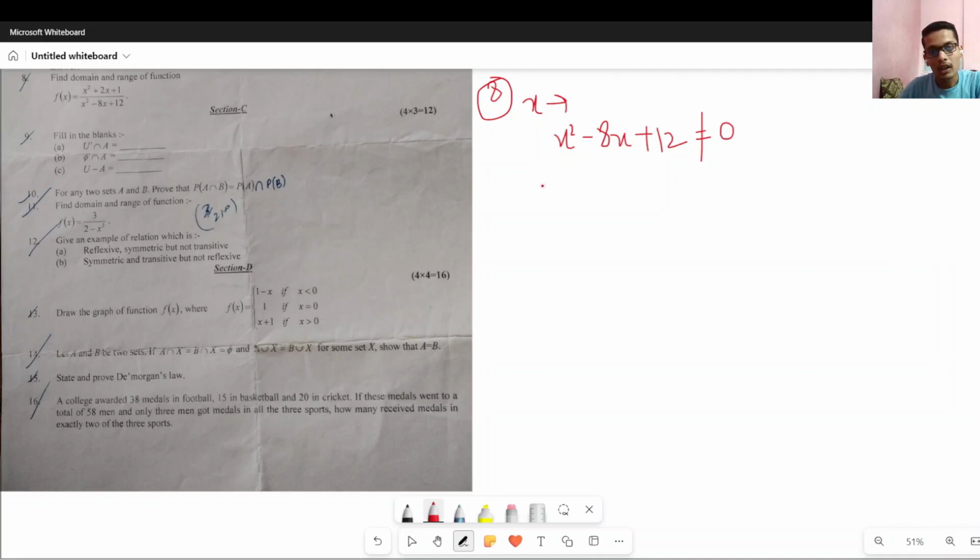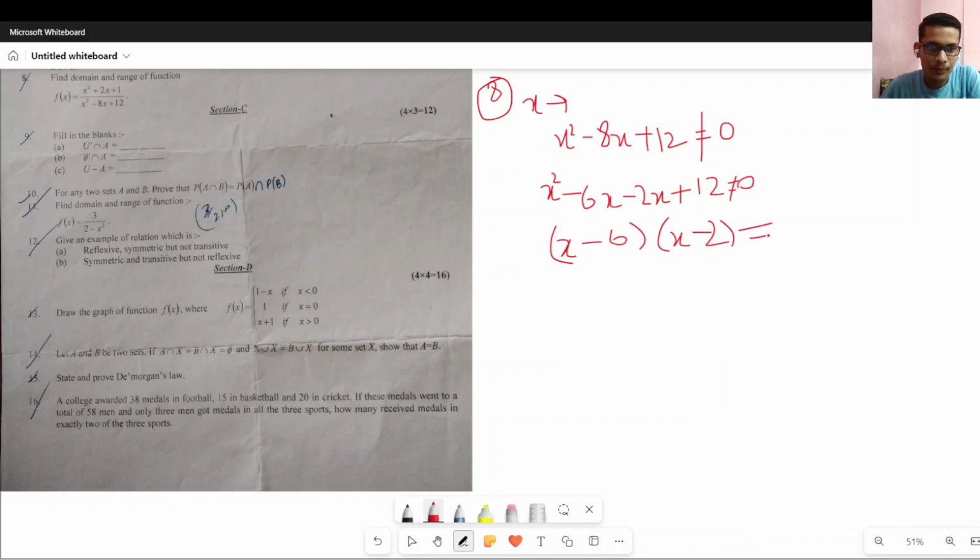All right. And if I factorize it, then it will be x square minus 6x minus 2x plus 12 will not be equal to 0. Okay. Taking common, we will get two factors: the first is x minus 6 and the next is x minus 2, which will not be equal to 0.